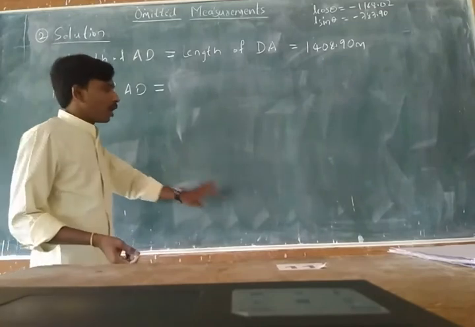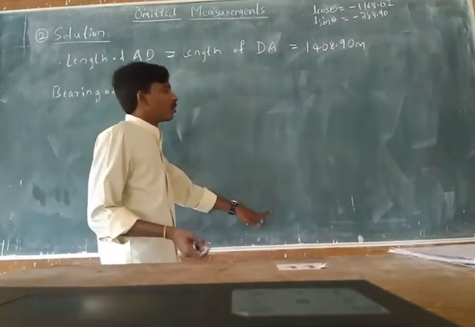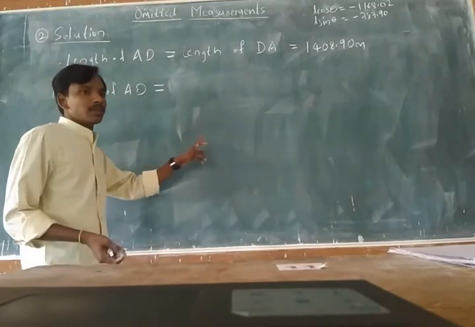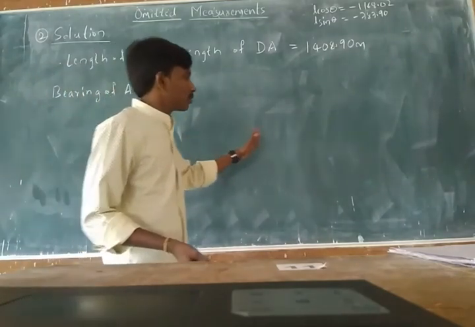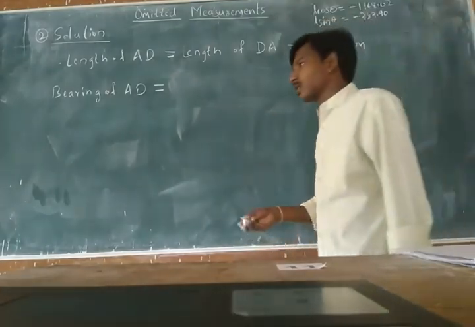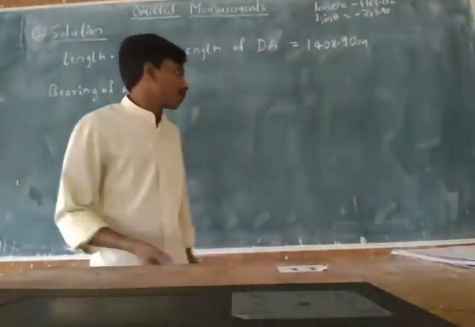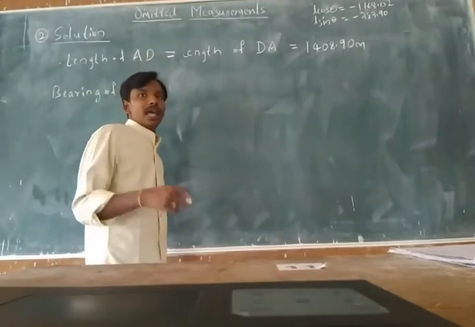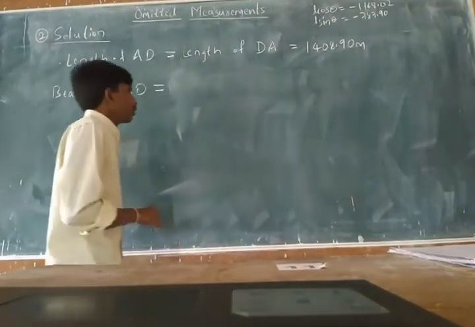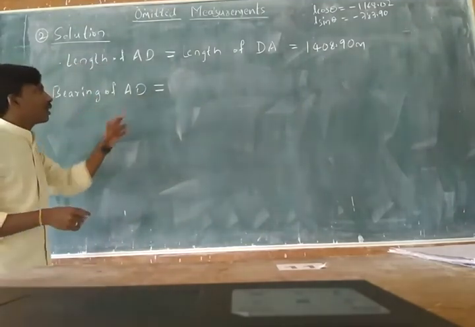The whole circle bearing value of DA was 214 degrees 0 minutes 7.35 seconds. As it is greater than 180 degrees, we deduct 180 degrees to get the bearing of AD.